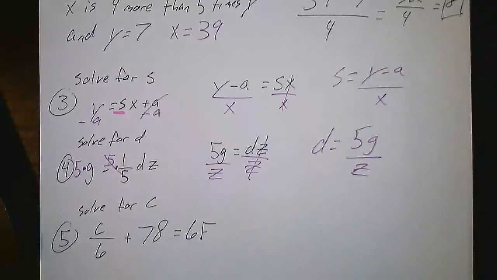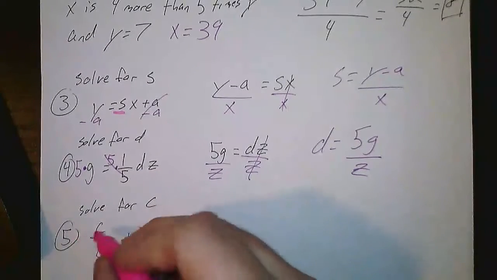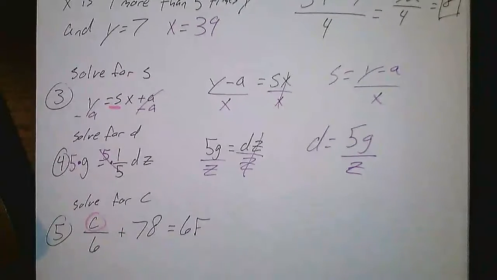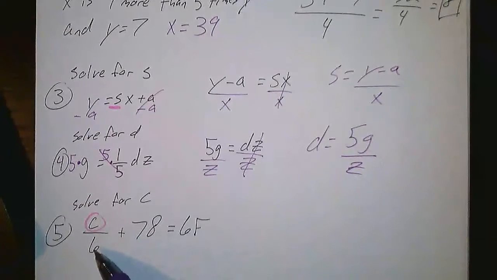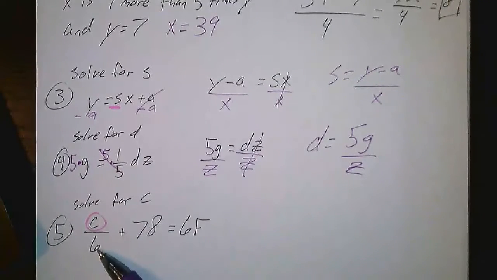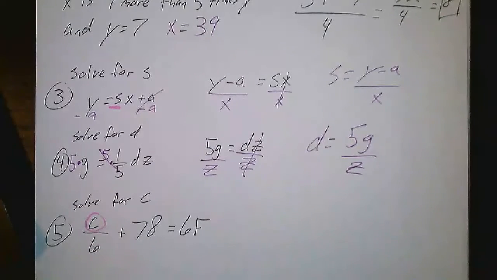Finally, a problem like number 5, in which we want to isolate c. A couple of things are happening to c right now. It's being divided by 6, and there is also a 78 being added. You're probably going to recognize that we need to get rid of this denominator of 6, but we don't want to multiply until this term is completely isolated.